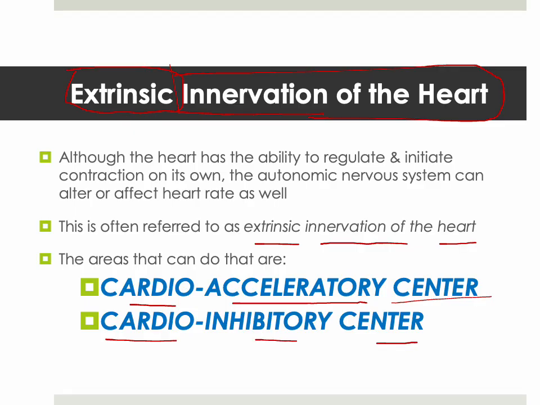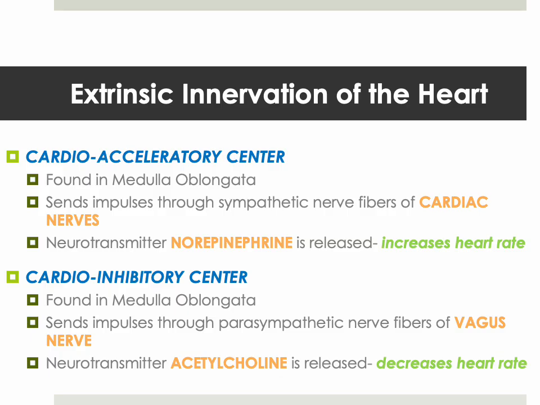Just from looking at these two terms, we can deduce what they do. This one promotes and increases the functioning of the heart, and this one decreases it. First, the cardio-acceleratory center is located in the medulla oblongata.